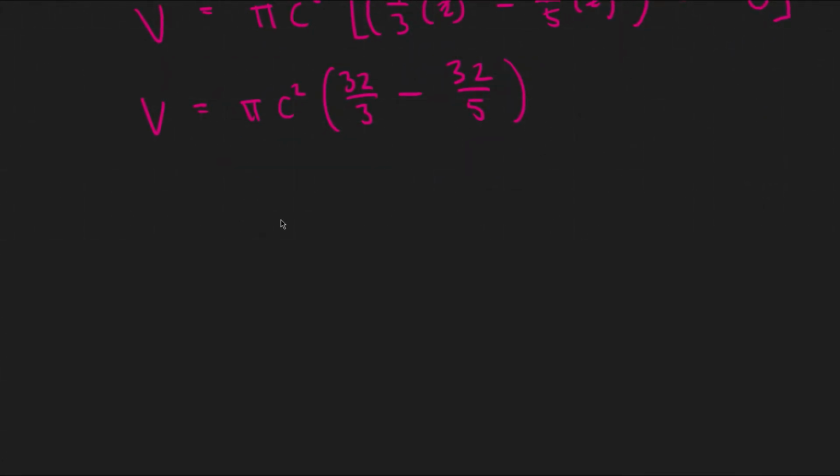And then moving forward again, v equals pi c squared, and I'm going to multiply this by 5 and multiply this by 3, then turn these into 15. So that's going to be 32 times 5 is 160, minus 32 times 3 is 96 over 15. V equals pi c squared. 160 minus 96 is 64 over 15. So here we have the most simplified volume that we can get to.